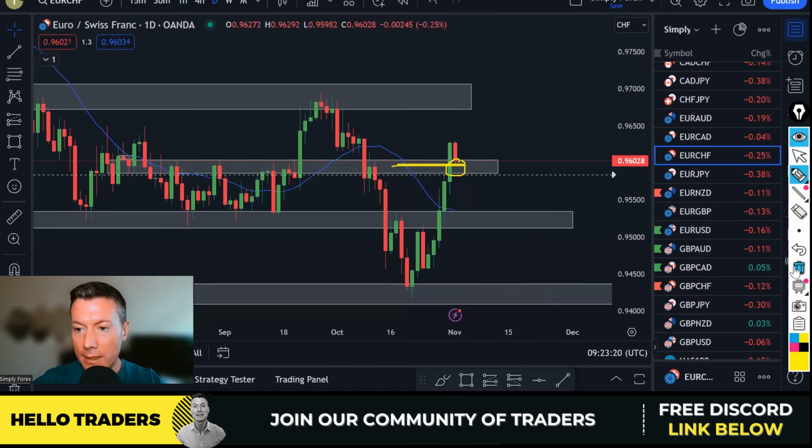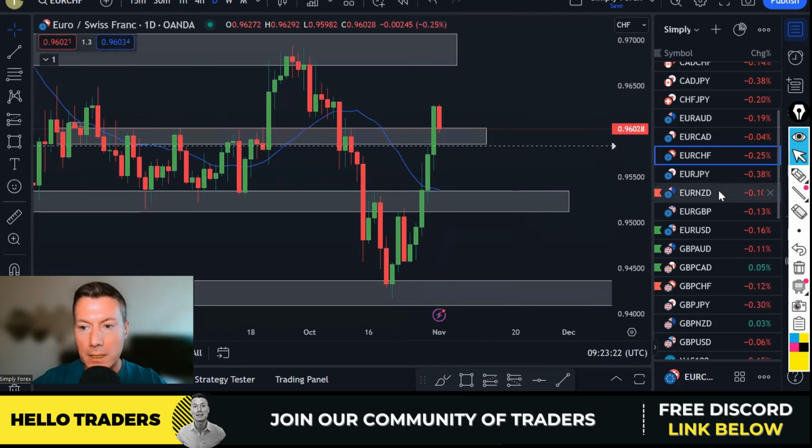So tick. Candlestick. Very bullish. Value is the only problem here. We're quite a way away from the moving average 20, but I still think it's good enough, especially if we get a reaction in here. So Euro Swiss franc is potentially a trade.